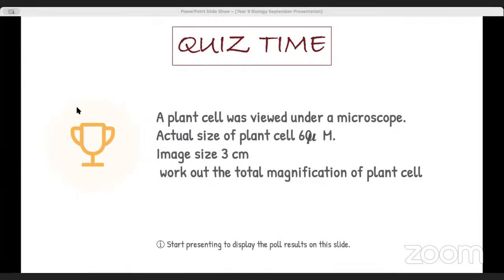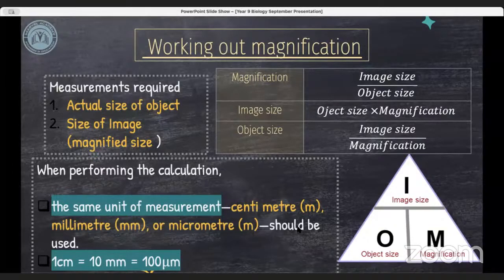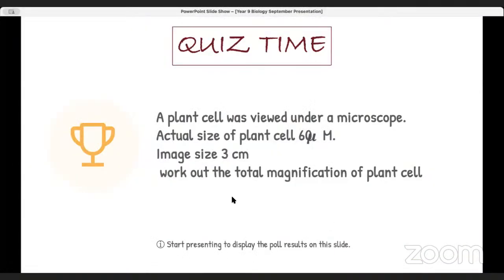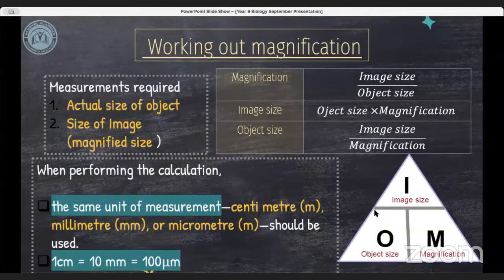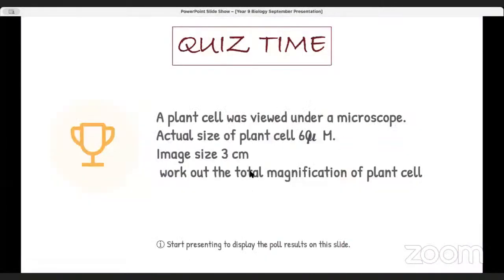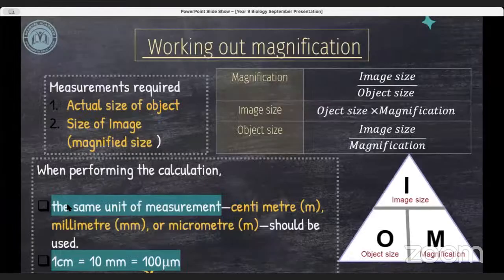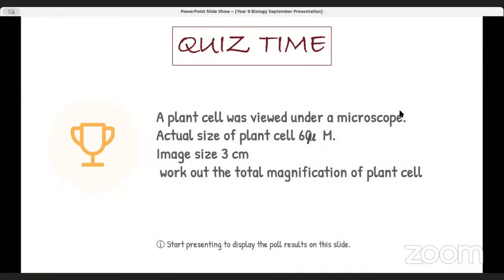And then what formula are we going to use? We are going to work out the total magnification. Total magnification means image size divided by the object size. The image size is 3, and the object size should be in the converted form.